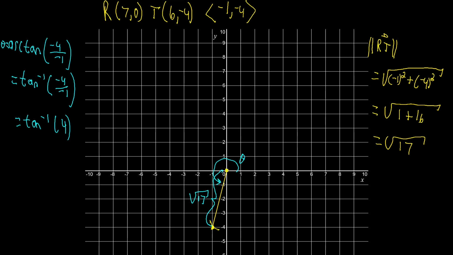So when we do that, we're going to get about 1.33 radians, which remember is unitless, so we don't write that down. Or that's about 75.96 degrees if we're rounding to 2 decimal places. That's what we get.